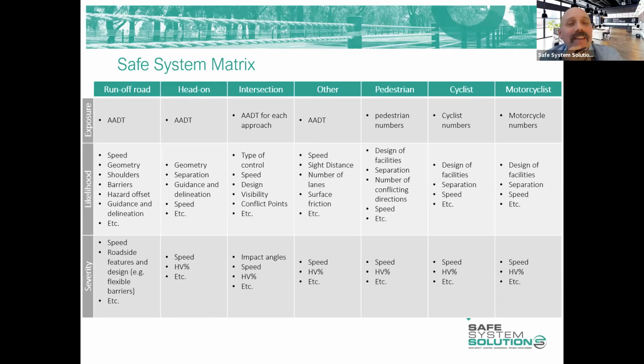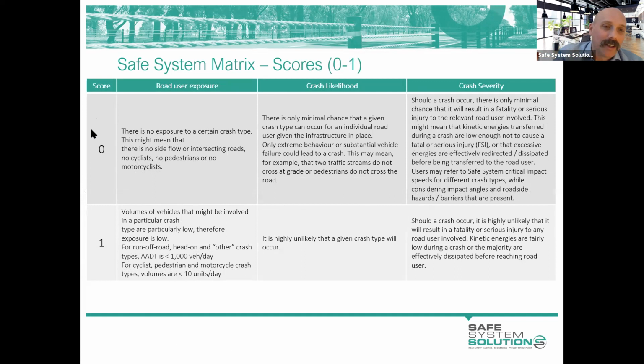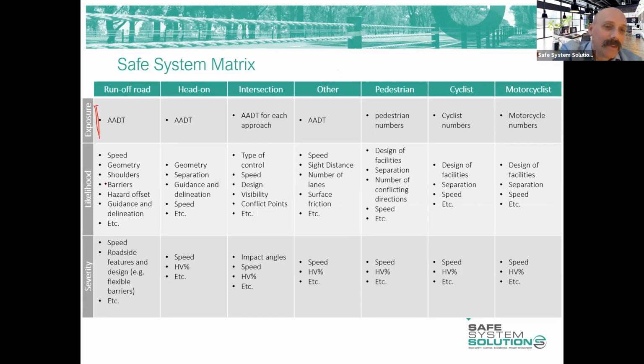So this is a matrix. Now, the words in each cell of this matrix are things that you would think about to get to a score. And you'll notice here, hope it's no surprise to you, that there are 3 rows in this matrix, and they are exposure, likelihood, and severity.